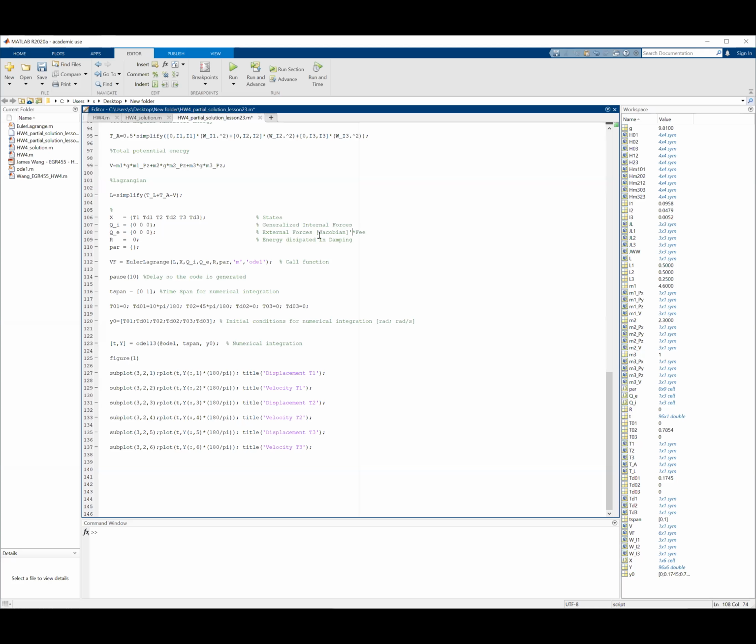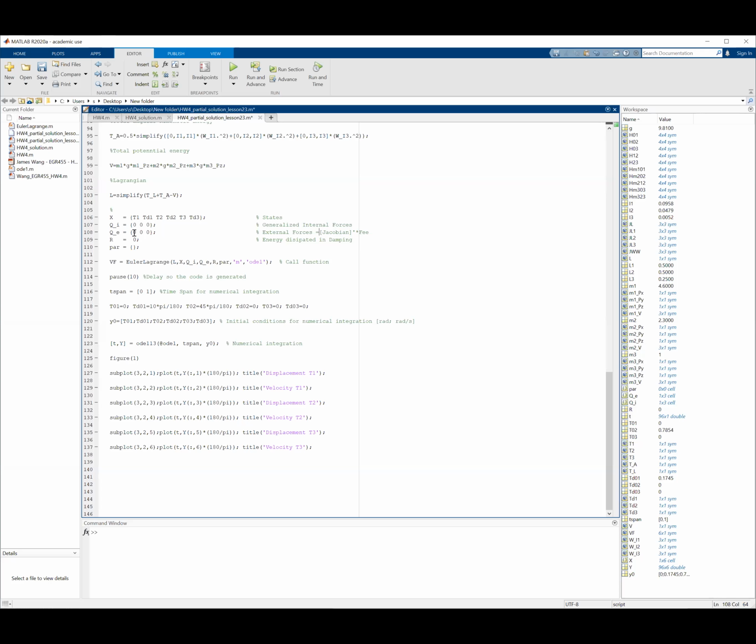So if in any problem there is an external force at the end effector and you are asked to find out the differential equation of motion, then you will be writing that over here, QE.